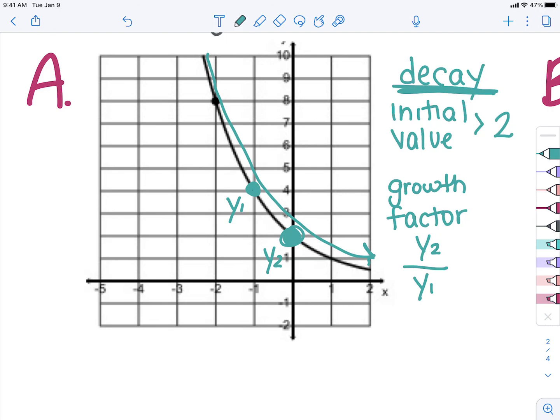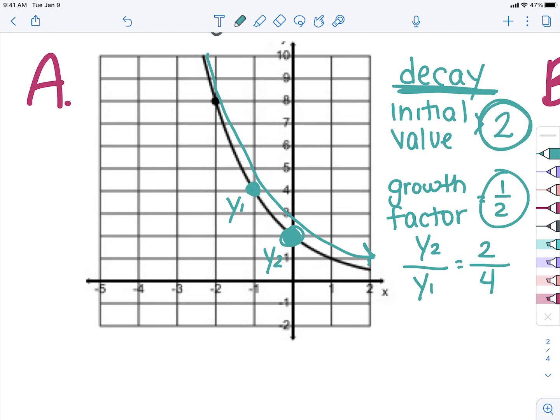So I look and I see y2 is just 2. y1 is 4. And I'm getting this right from the y values at those points. 2 over 4 simplifies to be 1/2. So my growth factor is 1/2. My initial value is 2.